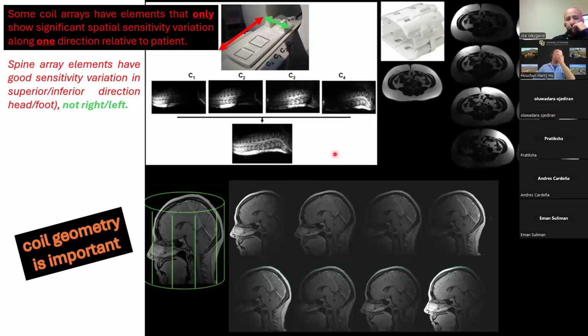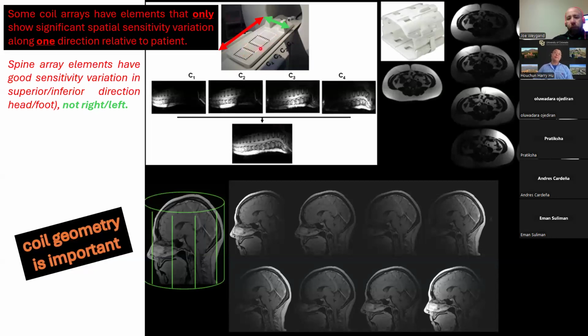That's not always true, and I'll show a good example here. Very often now, we have coils that are in the spine. So there are 4 elements here in this particular spine coil in the table, C1, 2, 3, 4. If you pay attention to how the signal is acquired, you can see that there's good sensitivity of C1, C2, C3, and C4 along the SI direction, or the superior-inferior head direction, but there's actually no sensitivity profile or difference along the left and right direction.